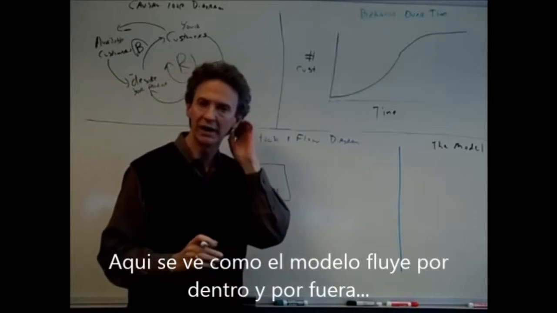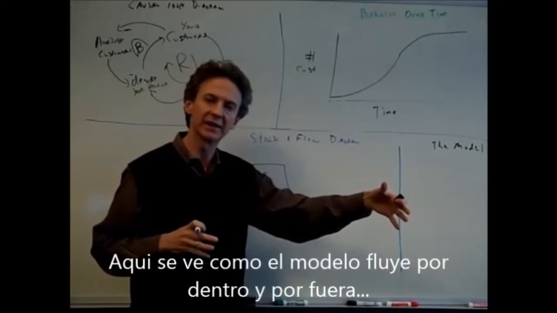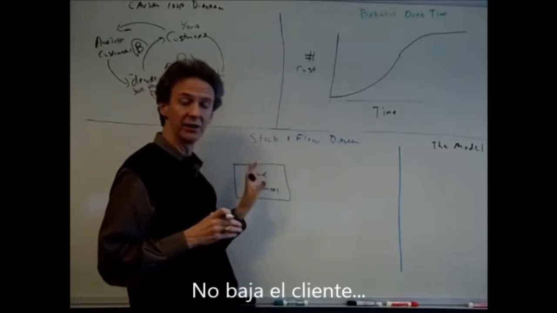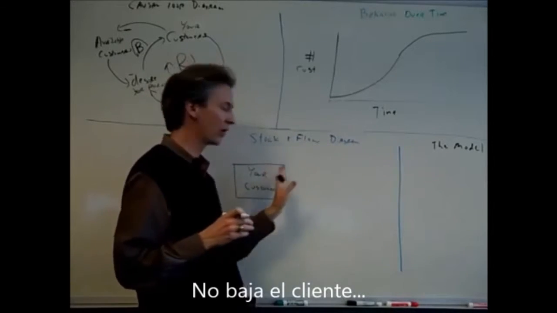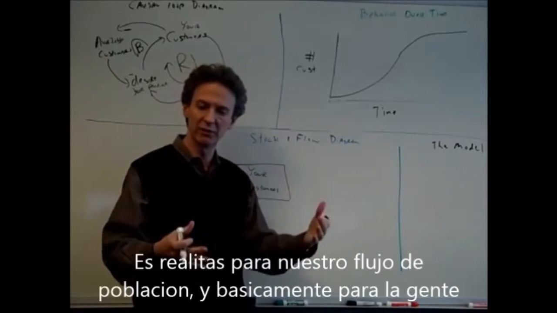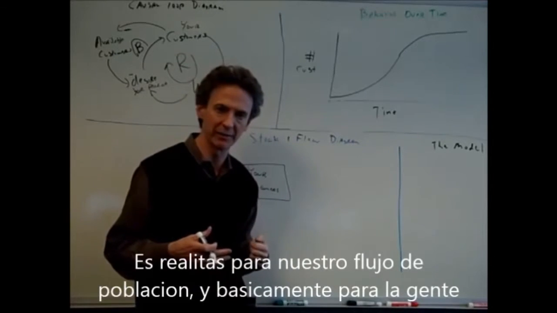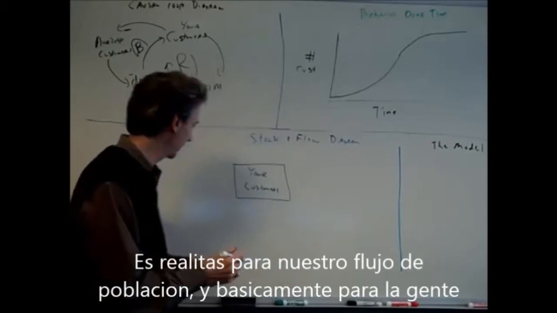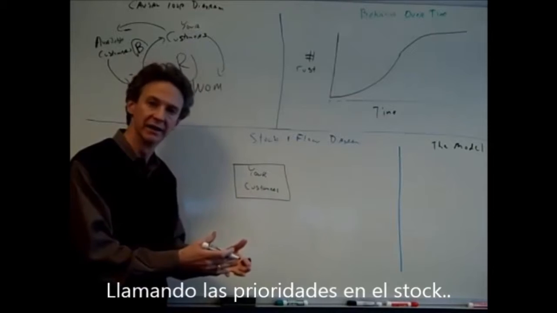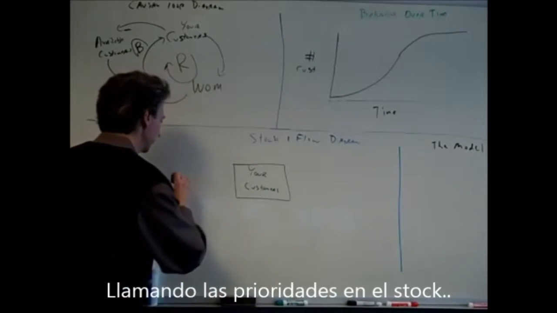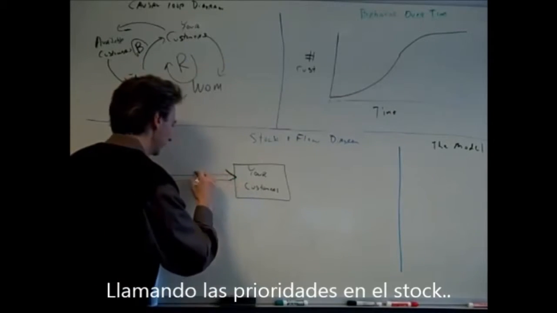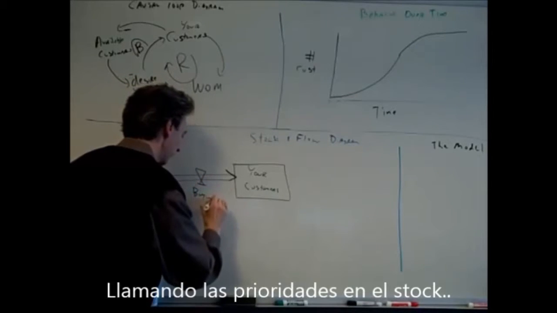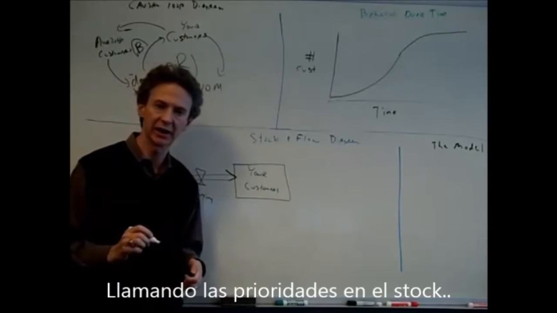Okay? Now let's talk about the flows in and out of that stock. In our model here, no customers leave you. So there's no flow out of the stock, which isn't realistic, but we'll do it for our simplified model. And then the flow into the stock is basically people buying your product, becoming your customer. We will call that buying, okay?